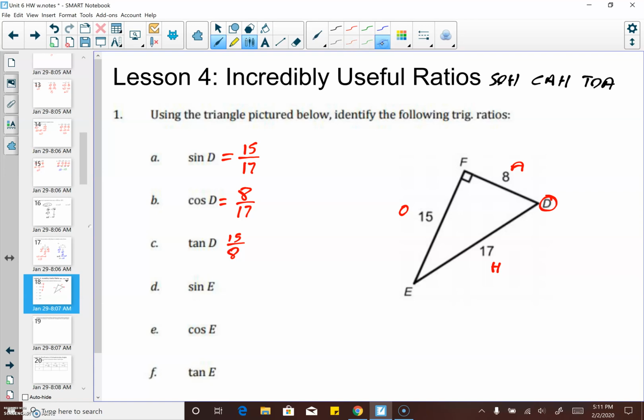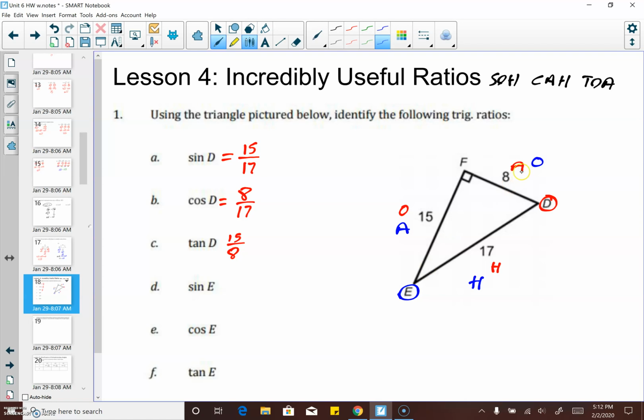Now, to do all of my trig functions from E, I'm going to put that in blue. And what you'll notice is the adjacent side that was for angle D now becomes the opposite side. 15 turns into my adjacent side. And 17 still stays the hypotenuse because, again, that's still opposite the right angle, so that's not going to change.